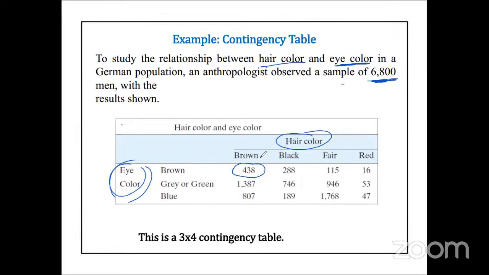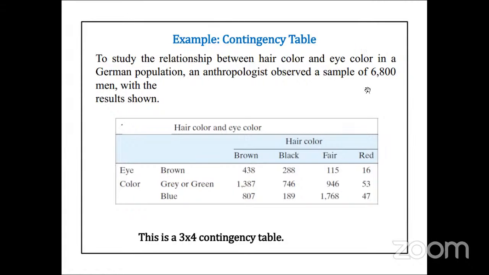So what this number indicates is that 438 German people in the sample had brown hair and brown eyes. For example, hair color was fair and eye color was blue for 1,768. So such contingency tables are very common in surveys.